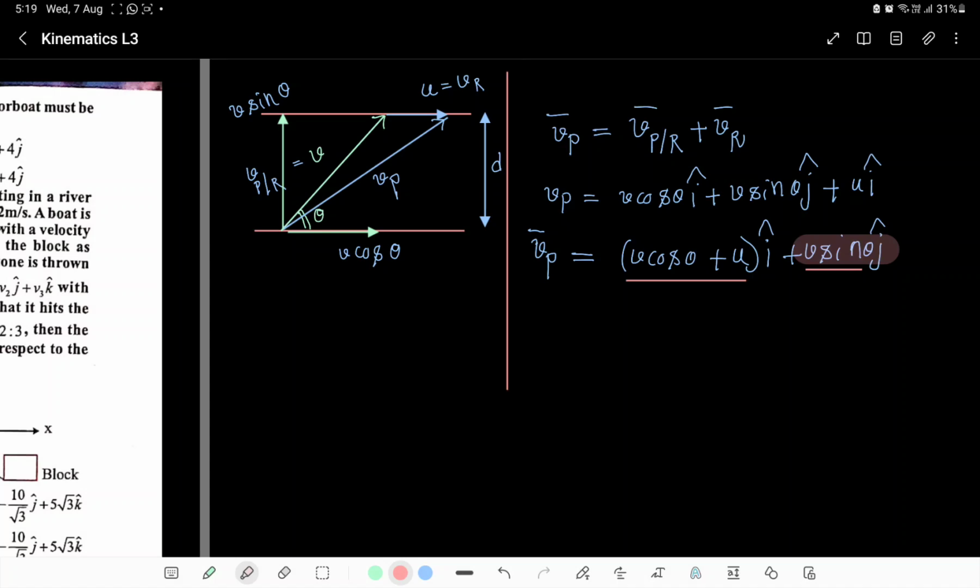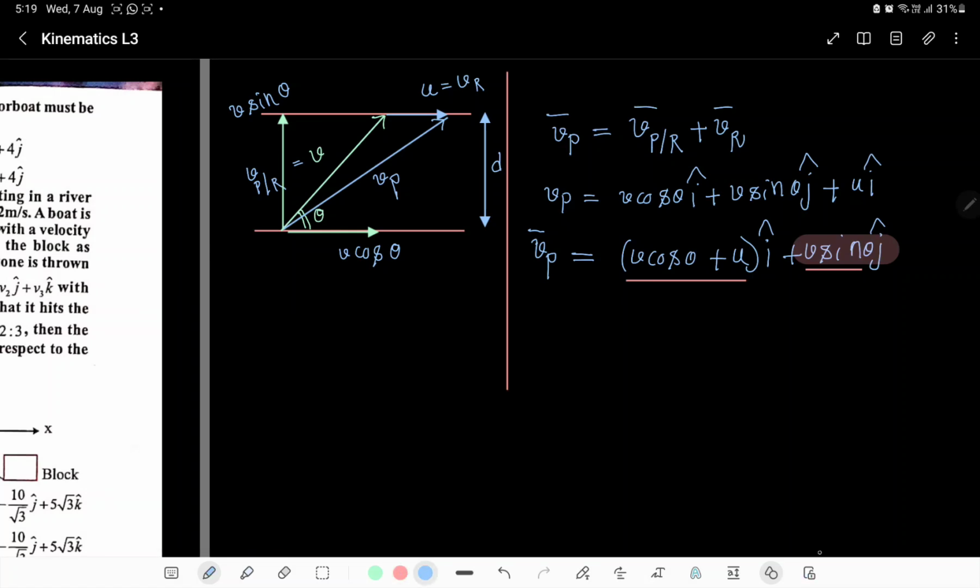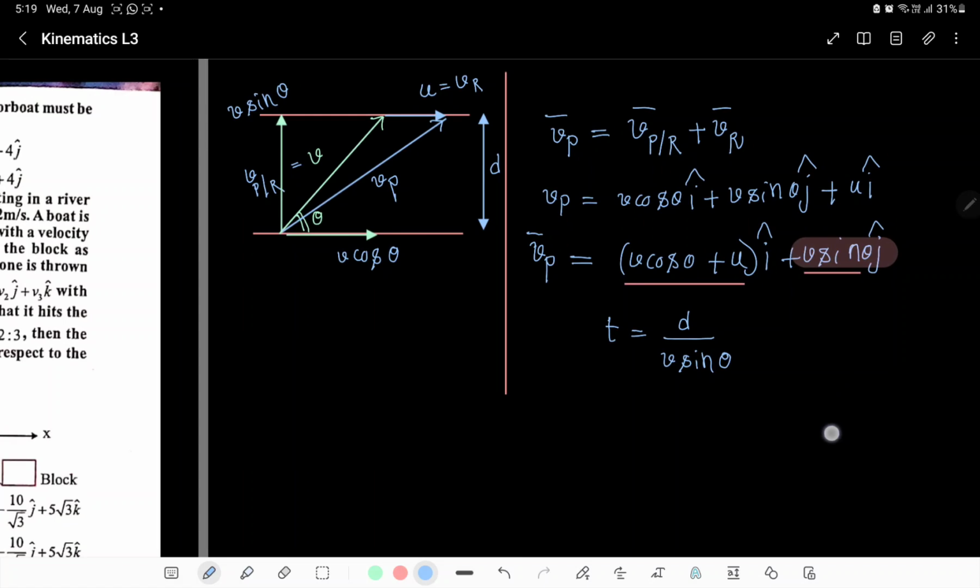Therefore the time taken to cross the river will be t equal to d by v sin theta. So that is the time he will take.